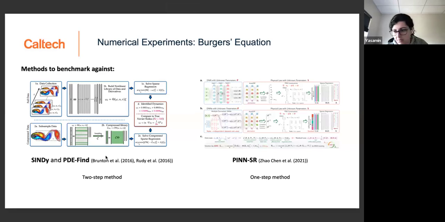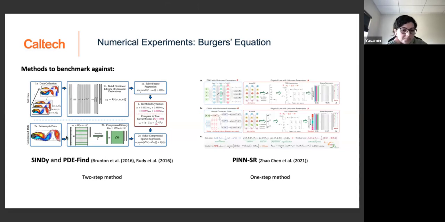And so something, before I show you the results, now that I explained our two-step and our one-step method, it's worth saying that SINDy is actually a variation of our two-step method, whereas PINN-SR is a variation of our one-step method, but with different architectures than using a kernel method.